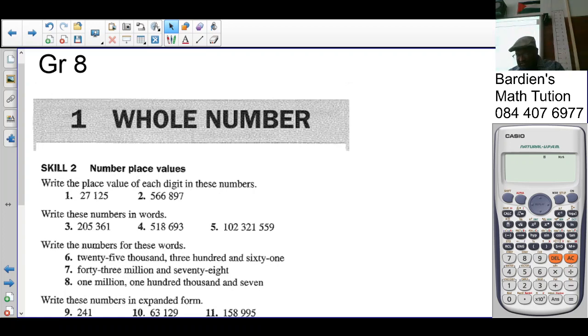It gives you the definition of whole numbers, what addition is, and builds your word problems there. Subtraction, multiplication, and division. It gives you all the examples, terminology, and definitions, and that's on page 1. You can read through that. It carries on to page 2, your number systems.